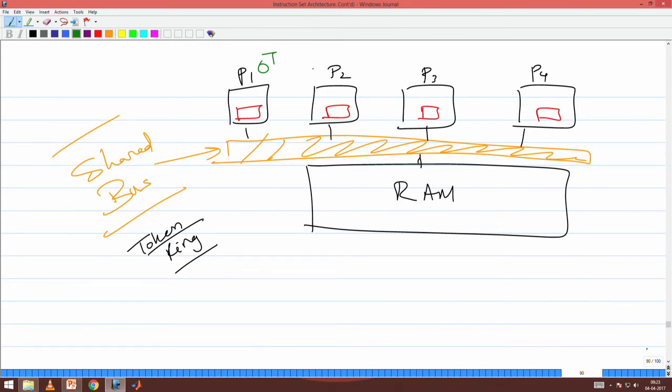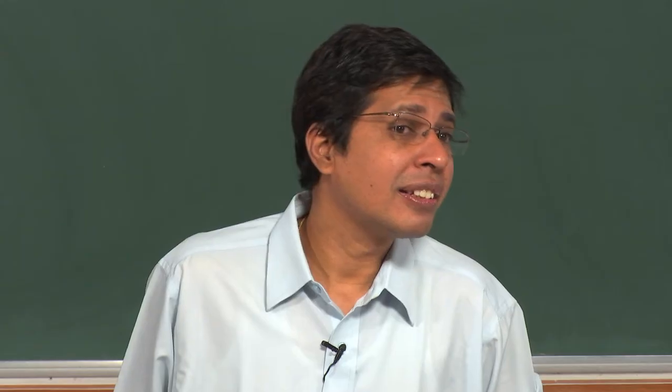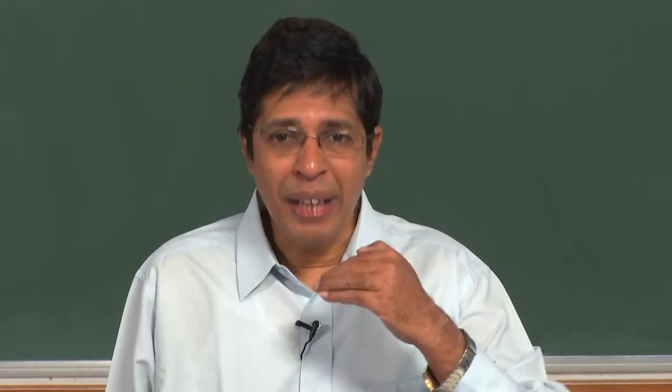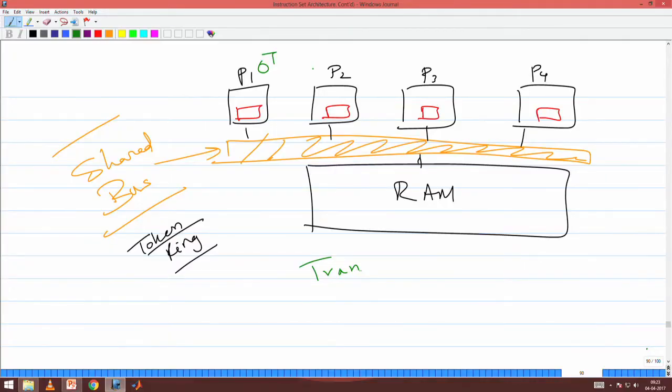So at any point of time, exactly one fellow will be the bus master. The other fellows will be just watching or snooping. At any point of time, exactly one will do the transactions.